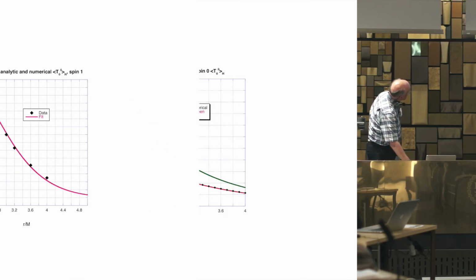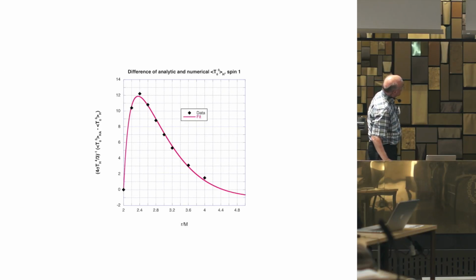Okay, so now for the delta theta theta, for the spin 1 Hartle-Hawking vacuum, these points are probably not known to better than 10%, or several percent anyway, of the maximum value. And so particularly here, it's pretty uncertain.